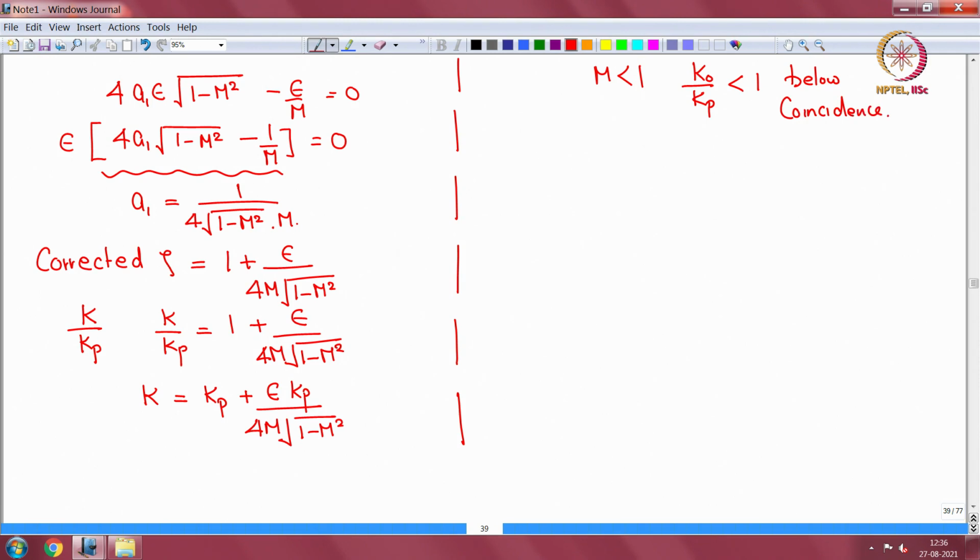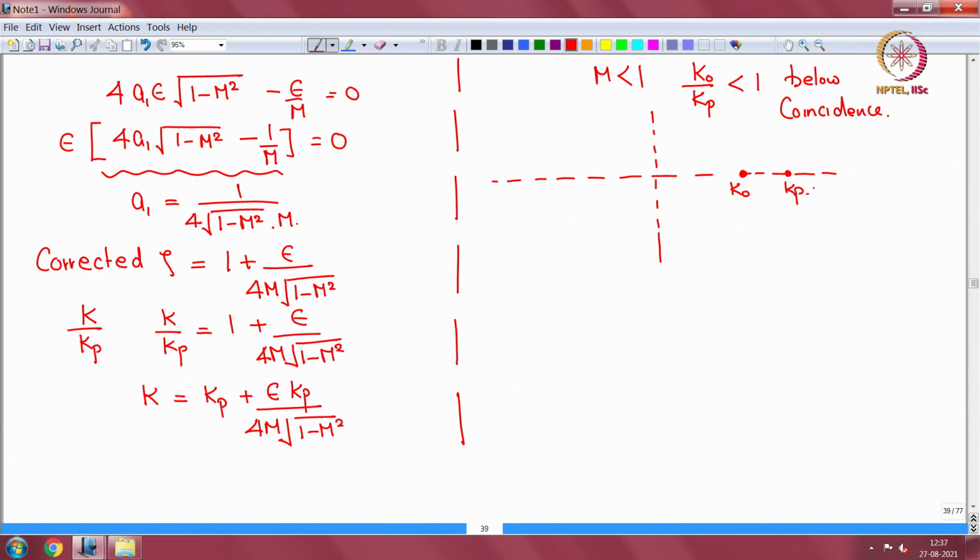So 1 is bigger than m. If I look at my complex plane, here is my k0, the basic uncoupled acoustic wave number, and I am below coincidence, so my kp will be higher than k0.